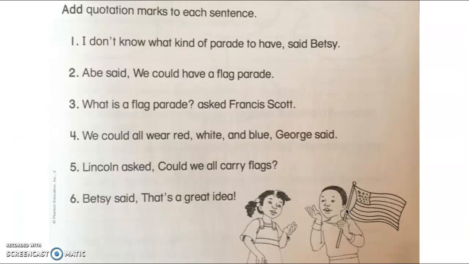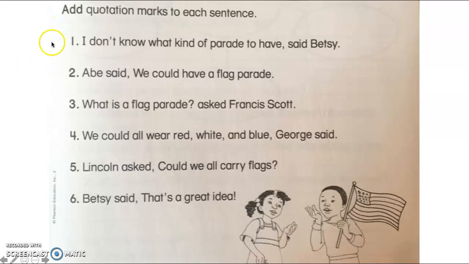Alrighty, so at the top, the directions say, add quotation marks to each sentence. Now, I know that you probably have your whiteboard and your marker with you, but you can't write on your screen.